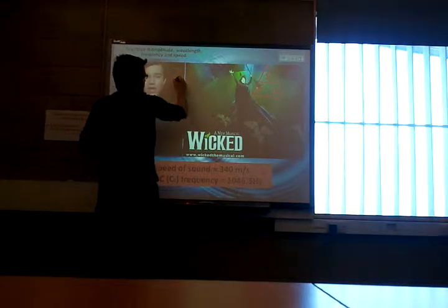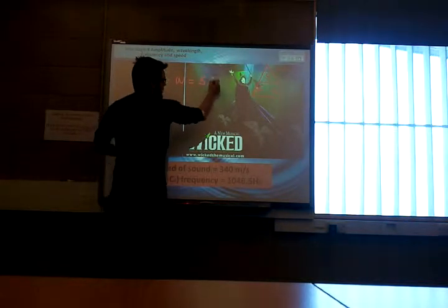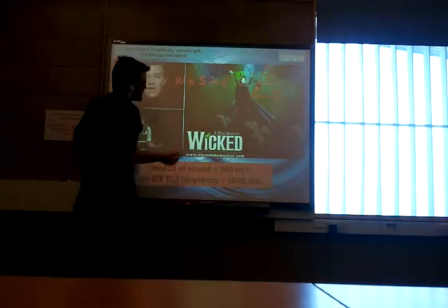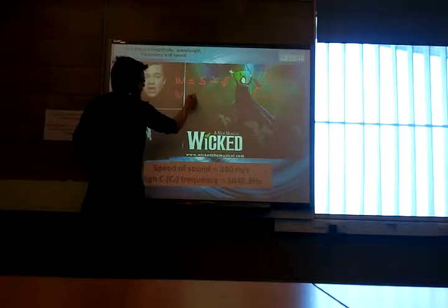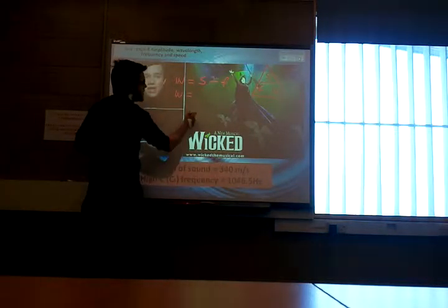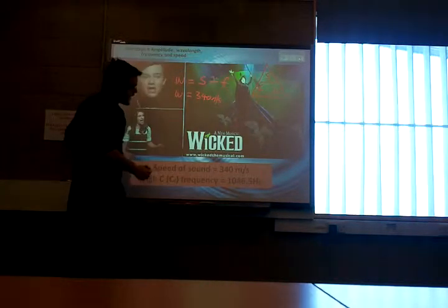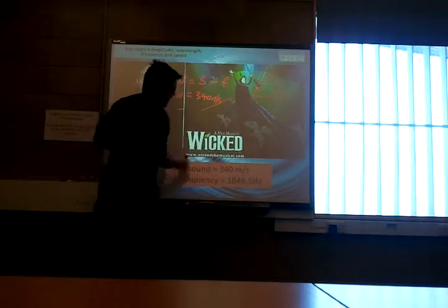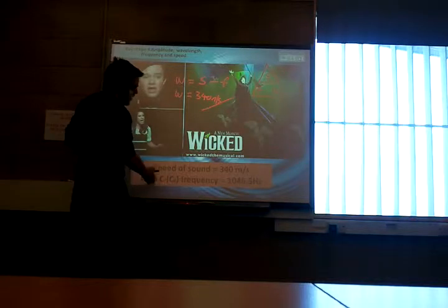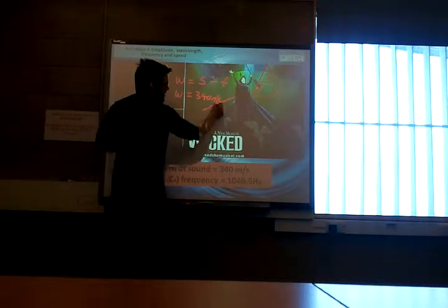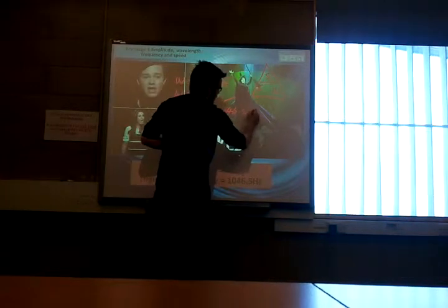We want to work out wavelength, so it's going to be the speed divided by the frequency. So our wavelength is equal to the speed of sound, which is 340 meters per second, divided by the frequency of our note, our C6, which is 1046.5 Hertz.